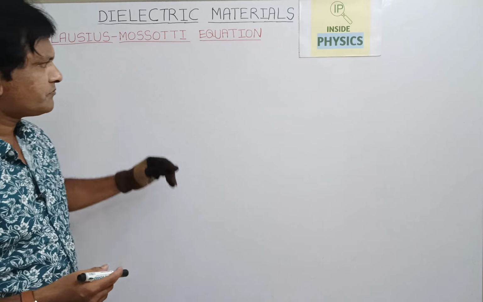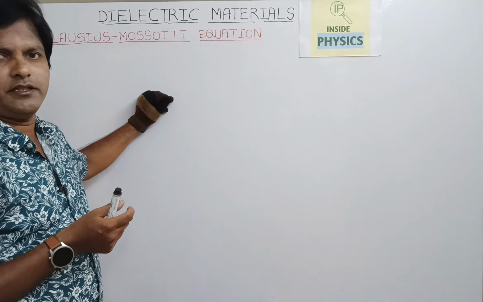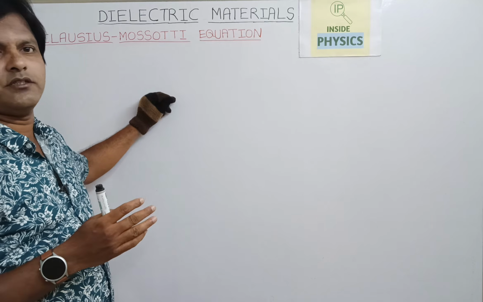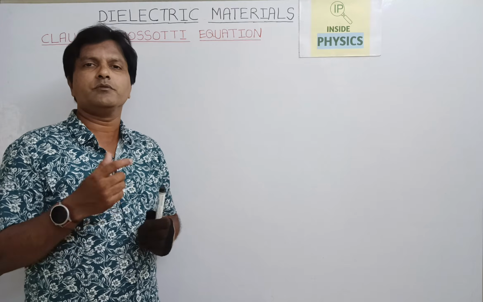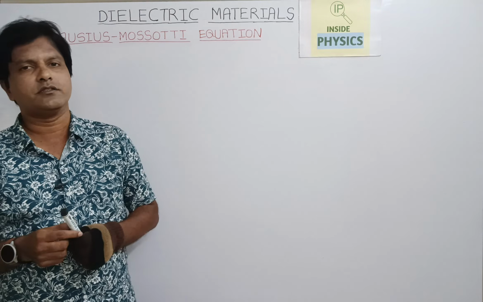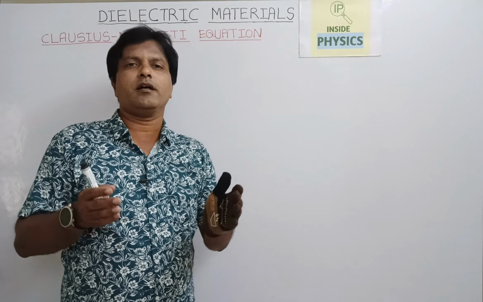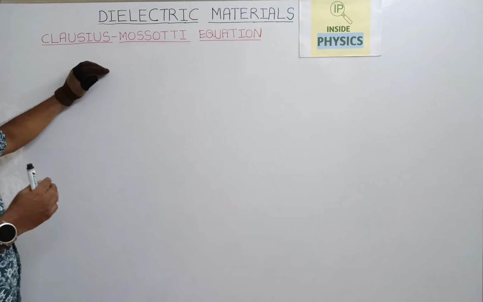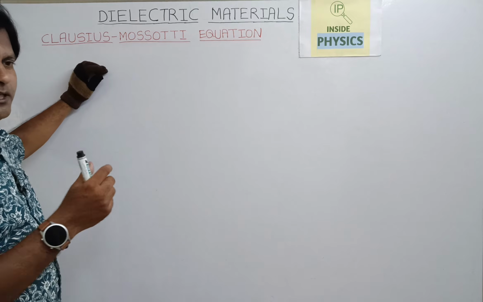Here the polarizability is the degree of polarization that happens due to all the individual dipole moments of the atoms or molecules or ions because of the external applied electric field. So this is how we proceed with the basic details.